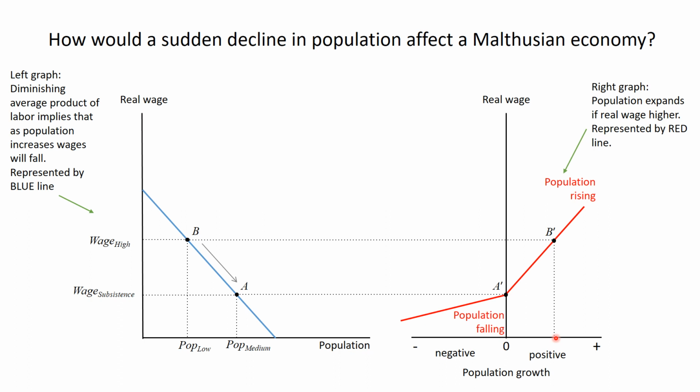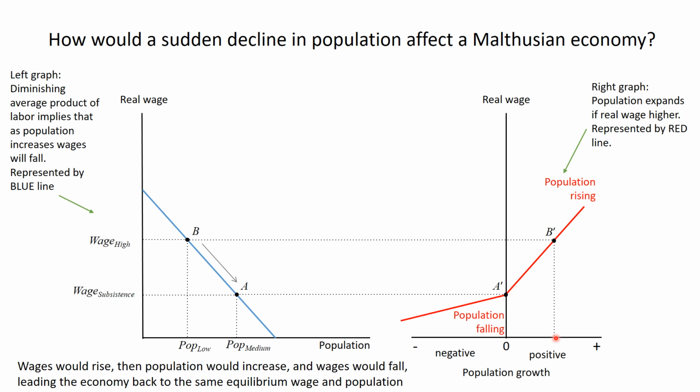And as population grows, wages are going to fall because there are going to be more farmers around, and those farmers are going to have lower average food output per person, consistent with the blue line. So what happens is that when we have a sudden decline in population in a Malthusian economy, wages increase for a time, but because wages are going to be higher, population will grow.